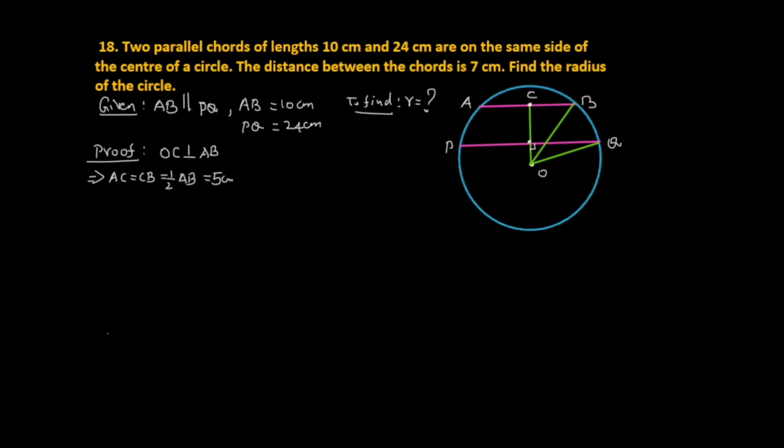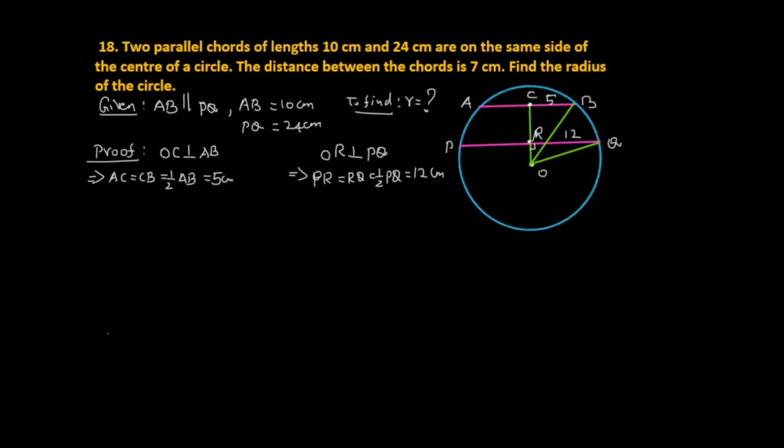In the next chord we are dropping a perpendicular, OR, perpendicular to PQ, taking this point as R. So if OR is perpendicular to PQ, then PR is equal to RQ is equal to half of PQ. PQ length is 24, so half of PQ is 12 centimeter. So we are getting CB 5 centimeter and RQ 12 centimeter.